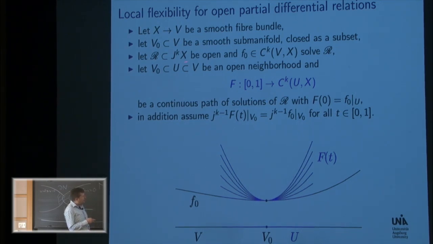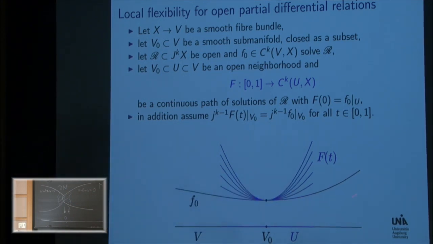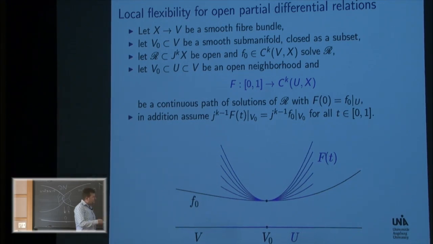We take a partial differential relation, a subset of the k-jet bundle total space, and we have to assume that this is open. And then we start with a solution. For example, we have a given metric with some properties, a solution of the relation. So this is this F0 here. This is the given solution. And then we start deforming that solution locally.